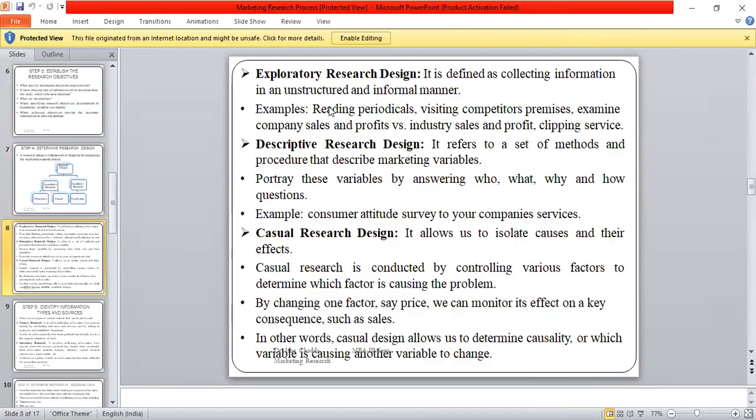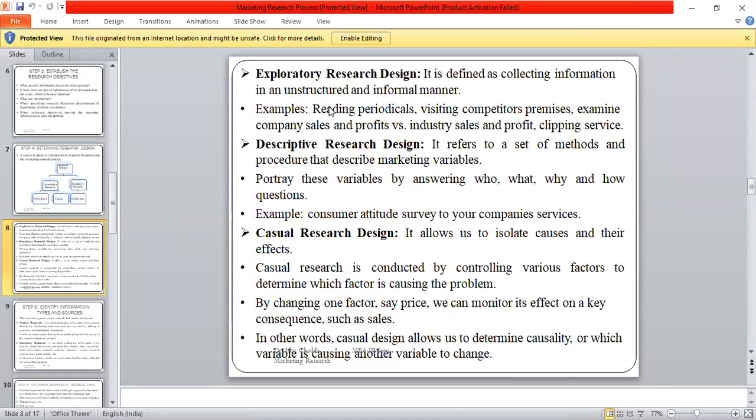exploratory research design. Basically, when you collect information in an unstructured and informal manner, you go through the exploratory research design. Exploratory research can be performed using literature search, surveying certain people about their experiences, focus groups, and case studies.